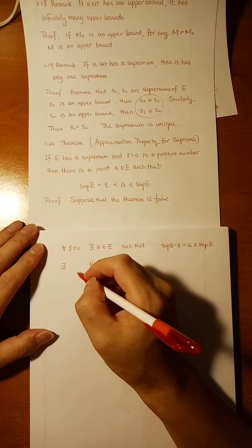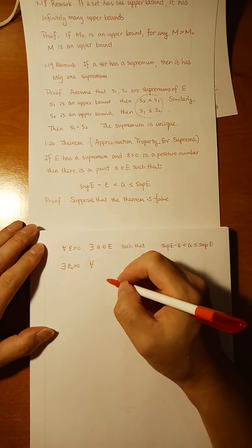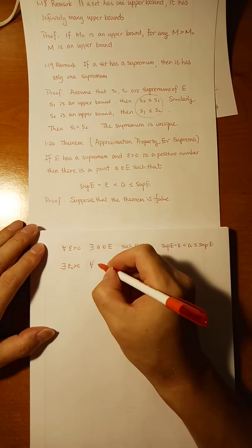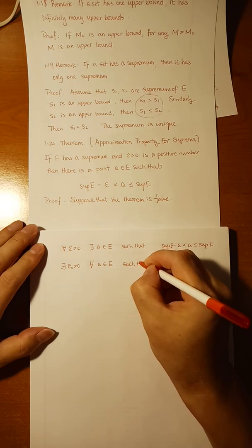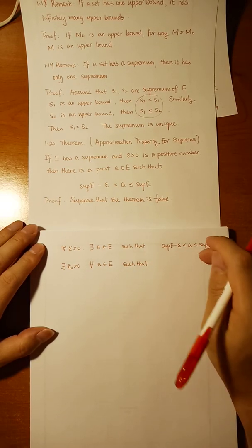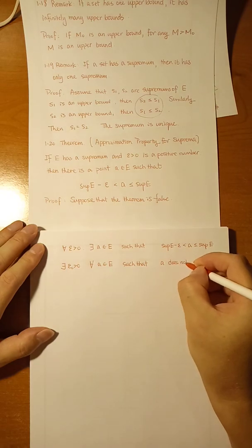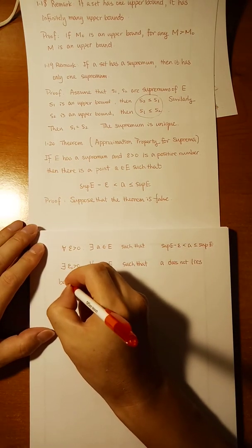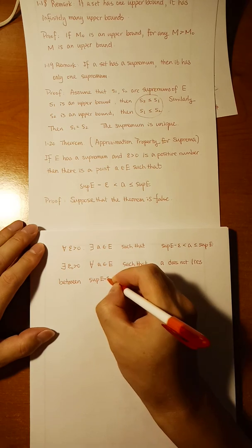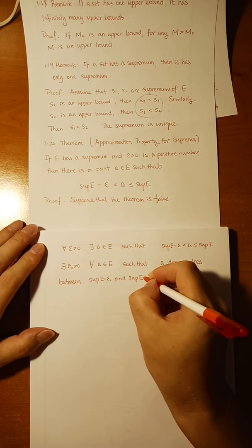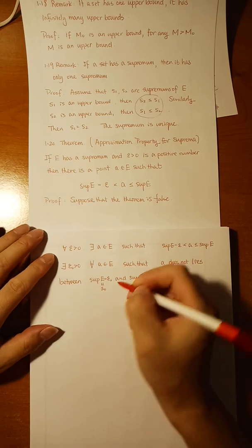Okay, so what is that? It says there exists epsilon greater than 0, such that for all A in E, A does not lie between supremum of E minus epsilon 0 and supremum of E. And this number, let's call it S0.